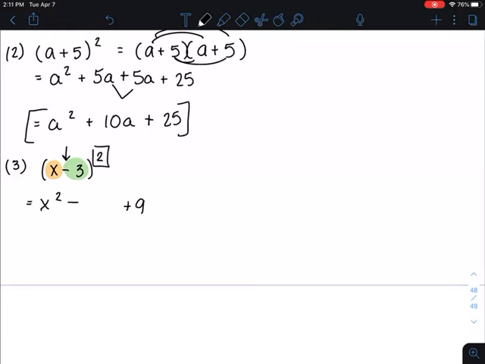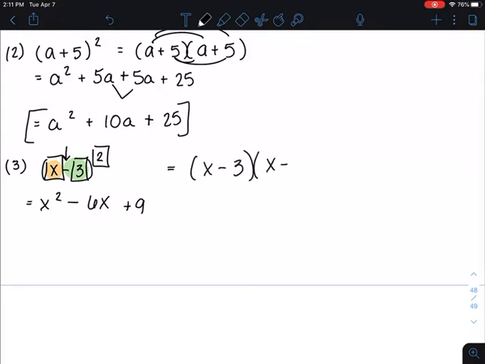You keep the sign of whatever you have in the middle, so it's going to be minus, and then you multiply everything together. So 2 times 3 is 6, times x is 6x. So we squared the first term, squared the last term, and multiplied everything together.